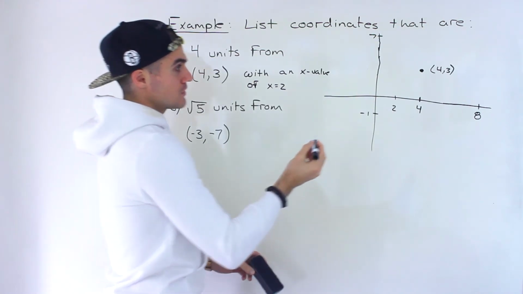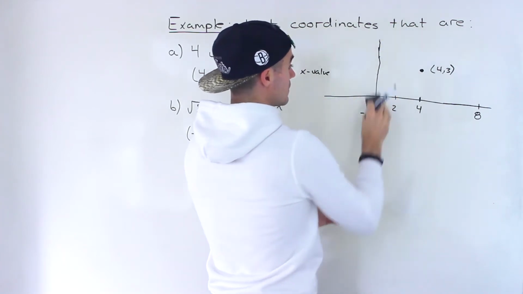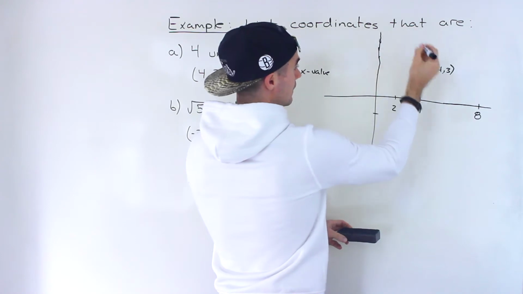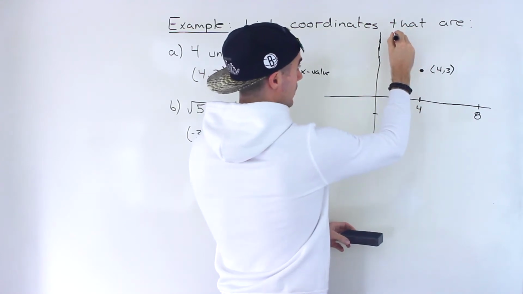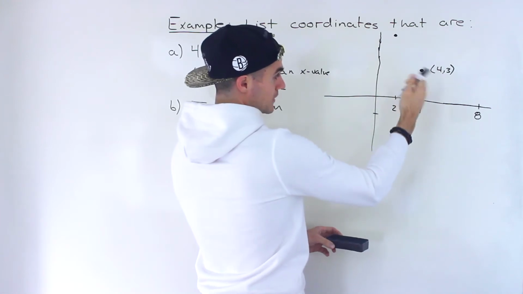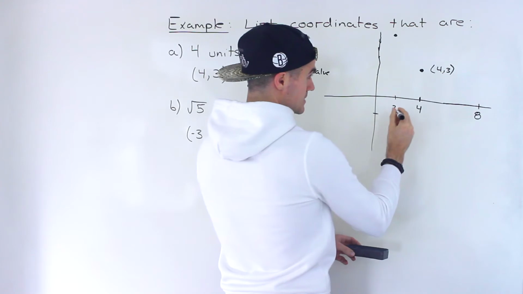Let me erase this 7 as well. The point is either going to be somewhere up here, or it's going to be somewhere down here, either above or below the x-axis.